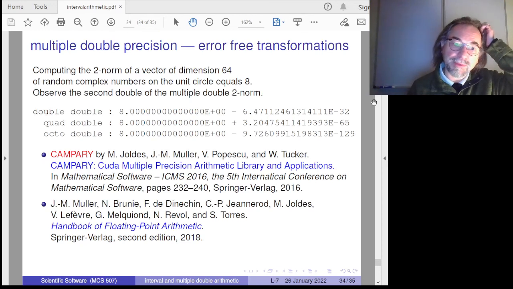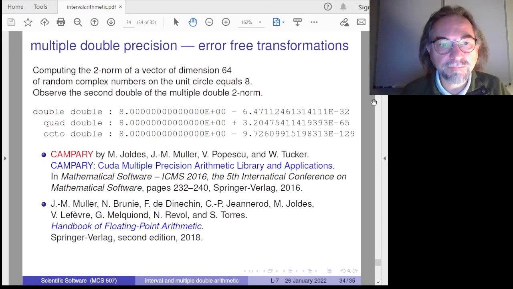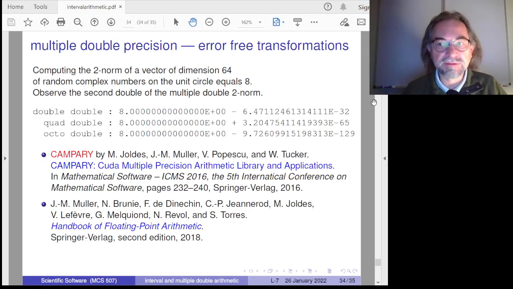Okay, here is a property. This is the relationship with rigorous computing and the property of error-free transformation. I first learned it from the survey paper that I mentioned in Acta Numerica. Here is a computation that we can do.